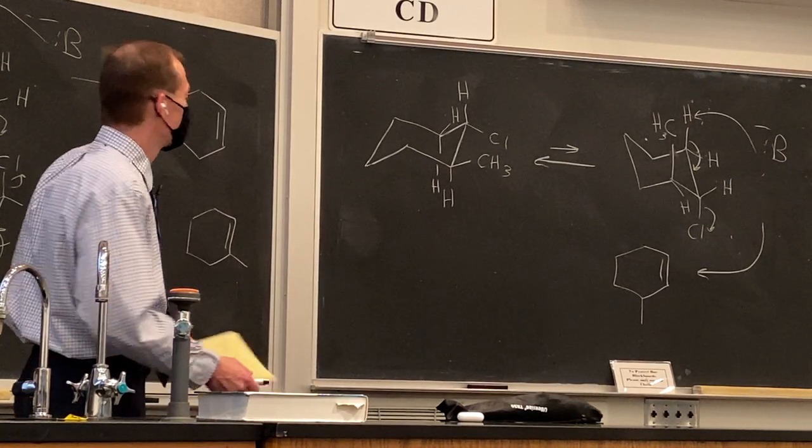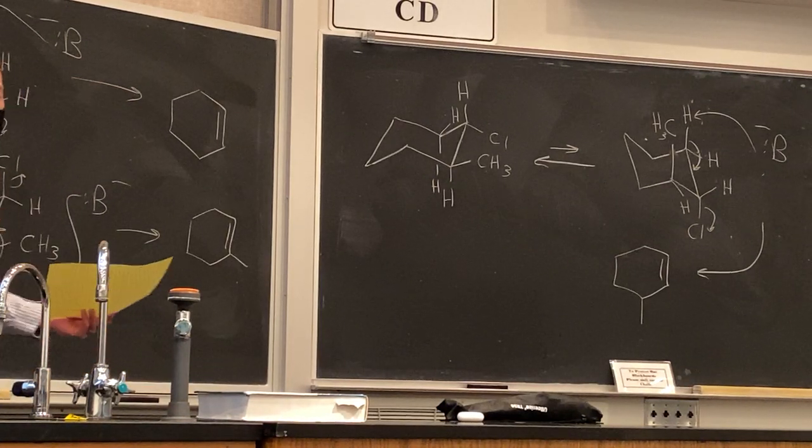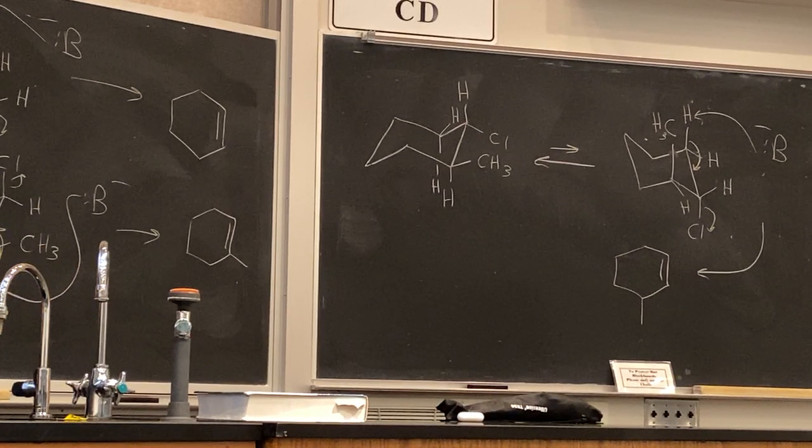Okay. All right. So we have to look at the stereochemistry of our cyclohexyl halides, and we have to look at both chair conformations. We have to draw the chair where the leaving group is axial, and then we have to look at the neighboring carbons to see if one or both of those neighboring carbons has a beta hydrogen that's also axial that allows this anti-periplanar conformation to exist.